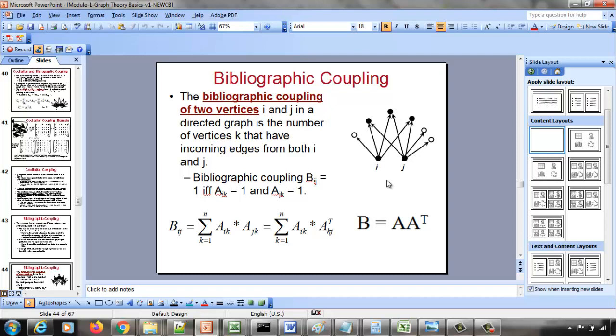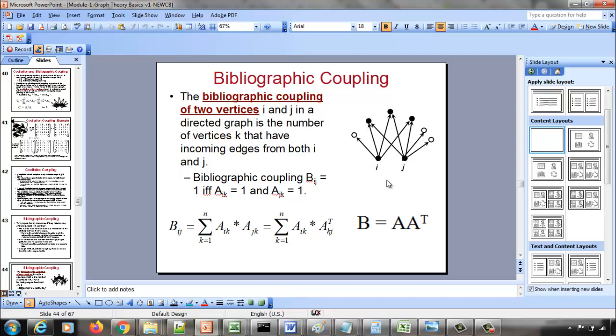It's also a static measure, in the sense that once I and J are published, we can find their similarity based on the common references right away, and it's not going to change with time, because we're not going to add new references after a paper gets published. That's not going to be possible. So it's a static measure, and it can be evaluated at the time of publication of the paper.